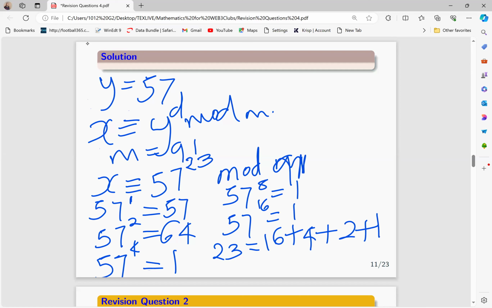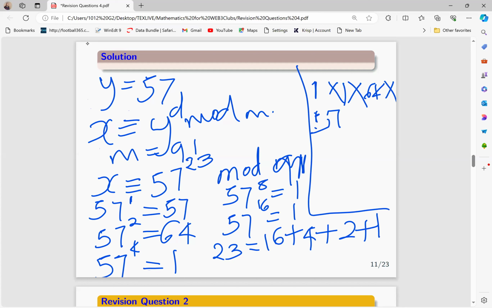I choose the numbers that correspond to these powers: the power of 16 gives 1, the power of 4 gives 1, the power of 2 gives 64, and the power of 1 gives 57. I compute all of this mod 91.